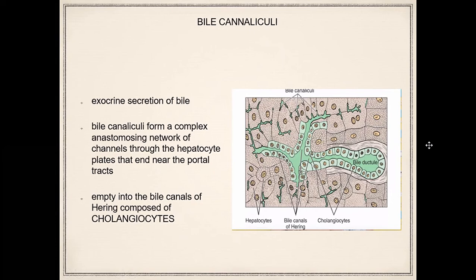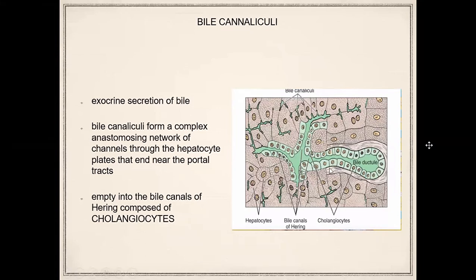They empty into the bile canals of Hering, composed of cholangiocytes. So this is now your bile ductule. You have the bile canals of Hering. This one here. And then you have the cells lining.